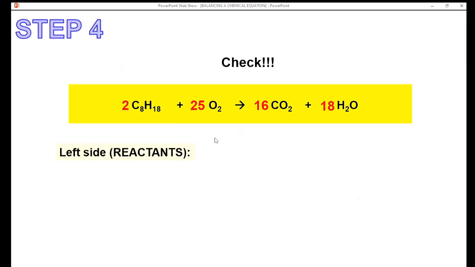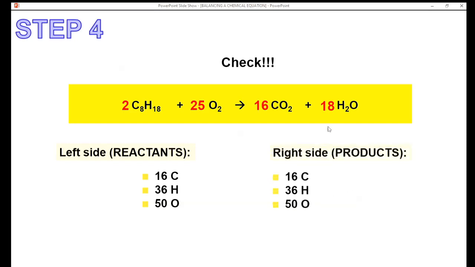On the reactant side, there are 16 carbon, 2 times 8, 36 hydrogen, 18 times 2, and we have 25 times 2, 50 oxygen atoms. Those are the elements on the left side, the reactant side.